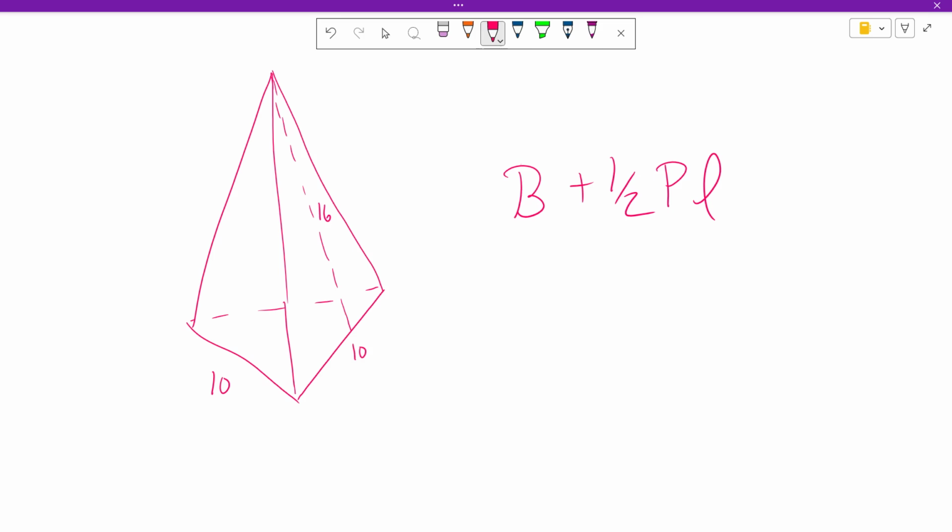All right. Now, on these problems, they'll give us the height of the base of the triangle. So they'll be nice to us here. Okay, let's say this height is about 9.